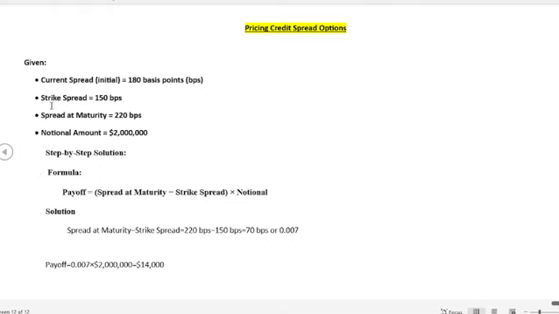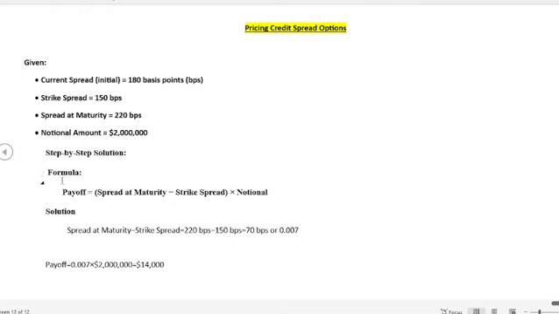These are the things given to us. Current initial spread equals 180 BPS. Second, strike spread is 150. Third, spread at maturity is 220 BPS. Notional amount is 1 million.